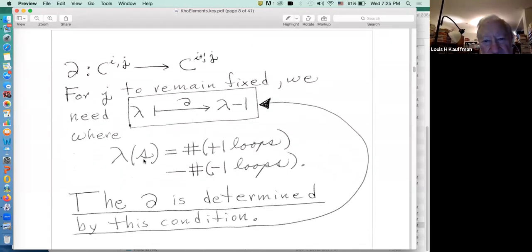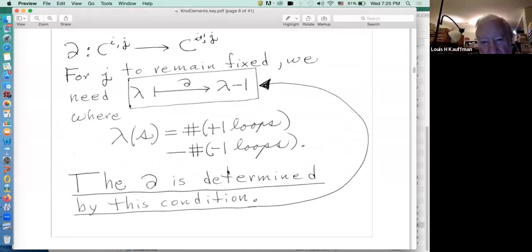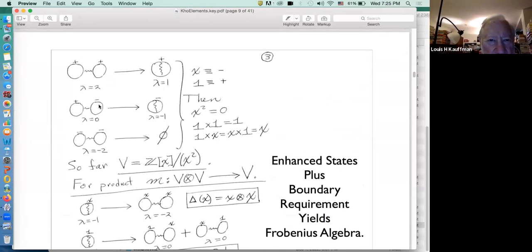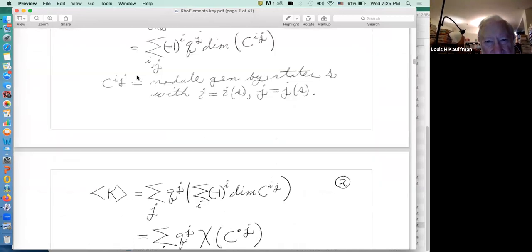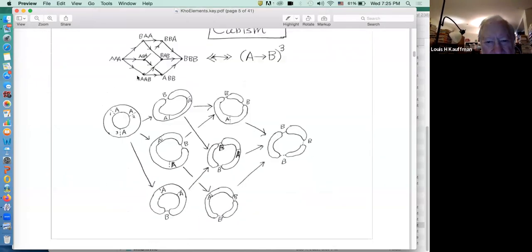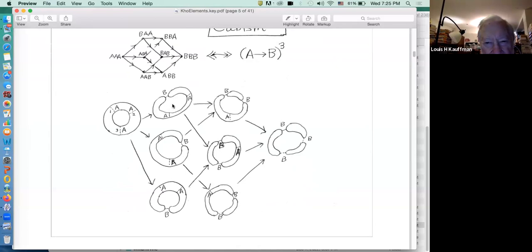And I'm going to define lambda to be equal to the number of plus loops minus the number of minus loops. So now we're over here looking at things that could happen. A nearby state. This is A, and we change it to a B. I want the boundary to be composed of nearby states obtained by doing one arrow. That's what's going to do the boundary, so that the boundary is coming from my category.